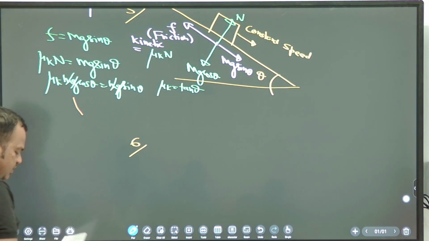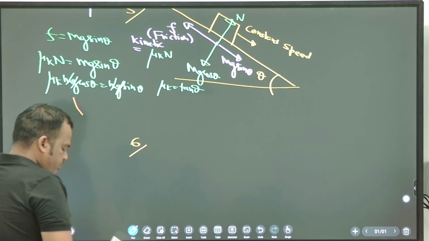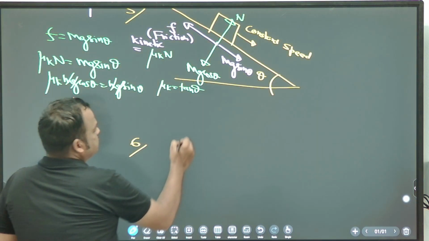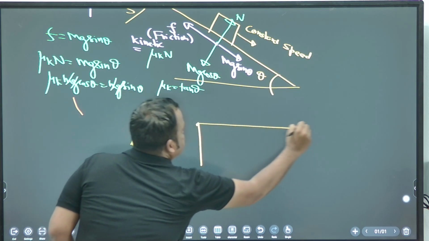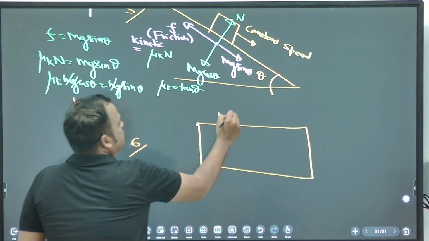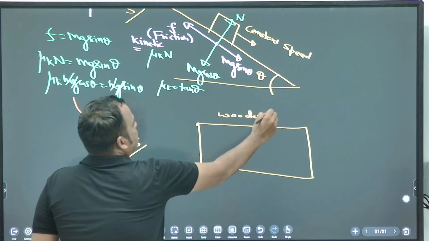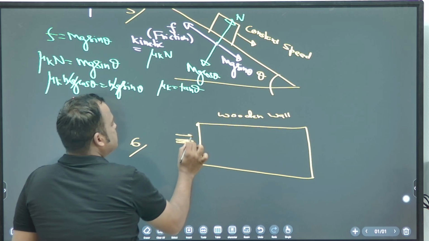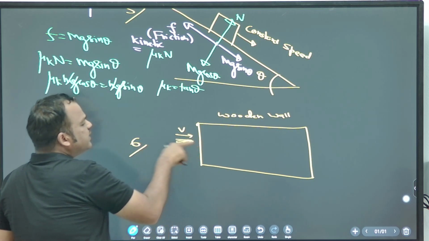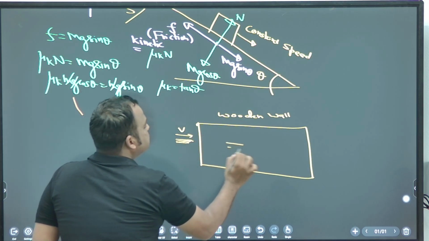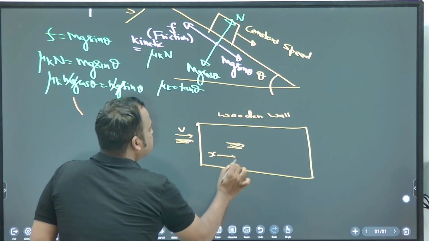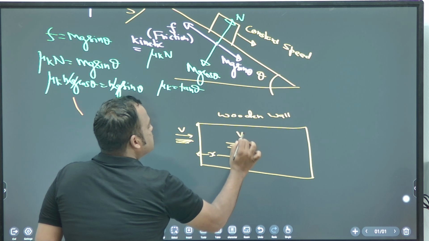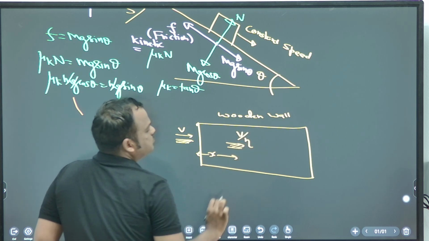Velocity of bullet becomes 1/3 after it penetrates 4 centimeter. So suppose this is the wooden wall. Now we have a direct formula for this. Suppose bullet is entering with V. After traveling x distance, velocity becomes V by eta.